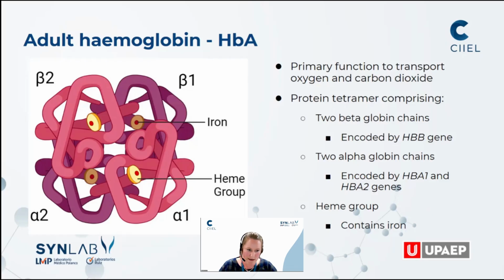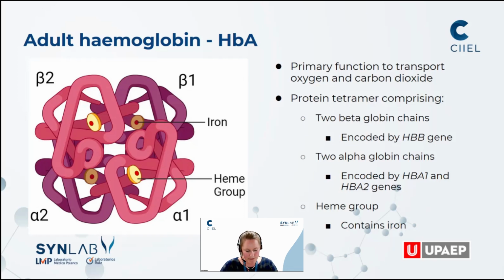Each of these globin chains contains a heme group, and within each heme group there is one molecule of iron. Now, the primary function of the hemoglobin being to transport oxygen, each one of these heme groups can bind to one oxygen molecule. So each hemoglobin tetramer can transport 4 oxygen molecules in one go.